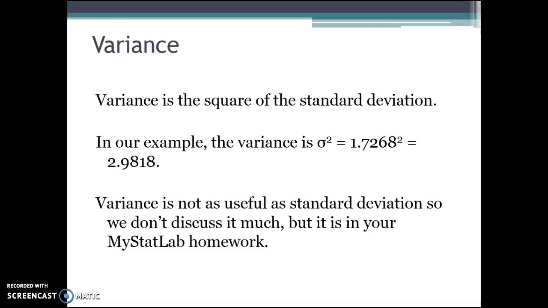One more thing, and that's the variance. To get the variance, you just take the standard deviation and square it. So we got a standard deviation of 1.7268. If we square that, we get the variance. And we don't talk about it very much because it's not very useful, but it's in your MyStatLab homework.